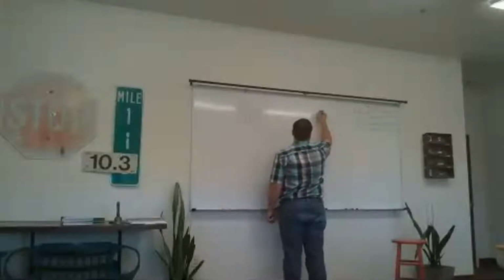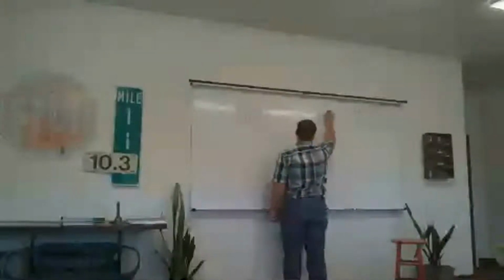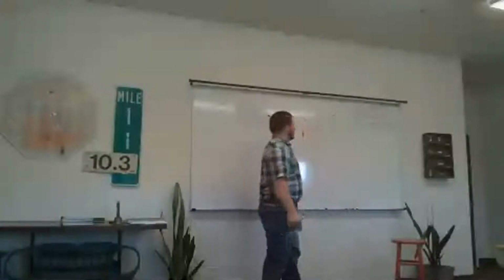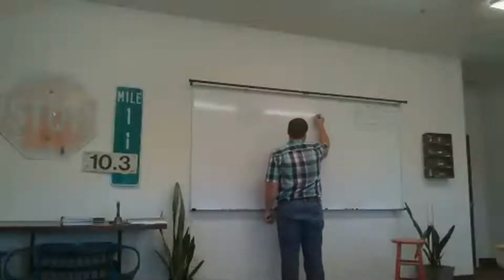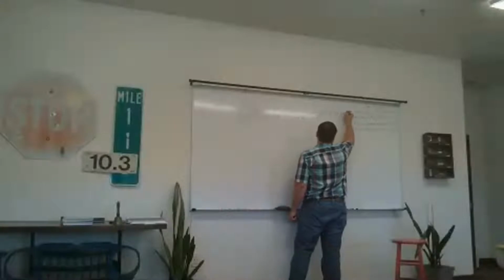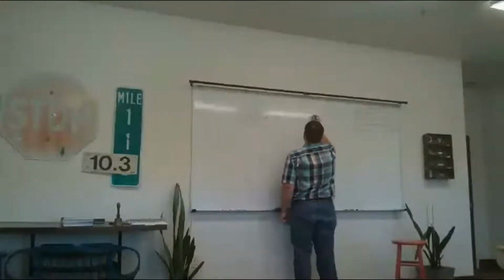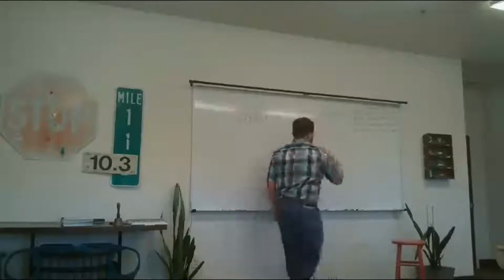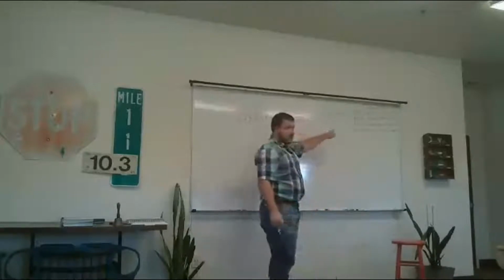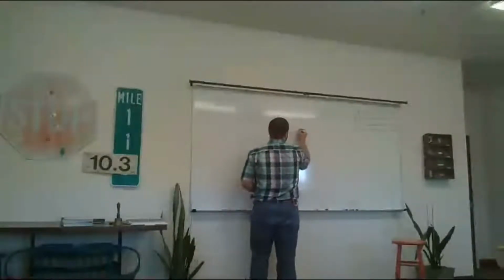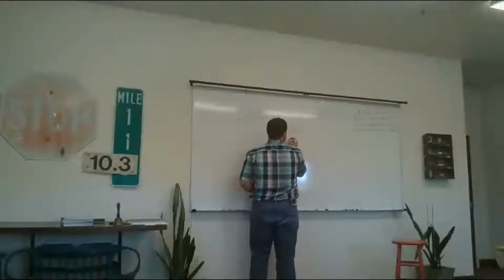Move the decimal twice to the left. 0.035. So this is the decimal equivalent, and we multiply that times 68. So 3.5% is 0.035, and we multiply 68 times 0.035.